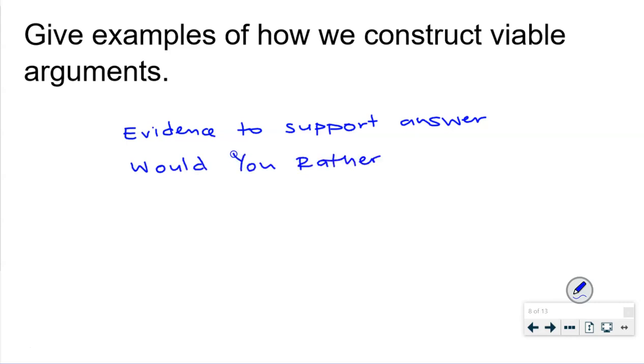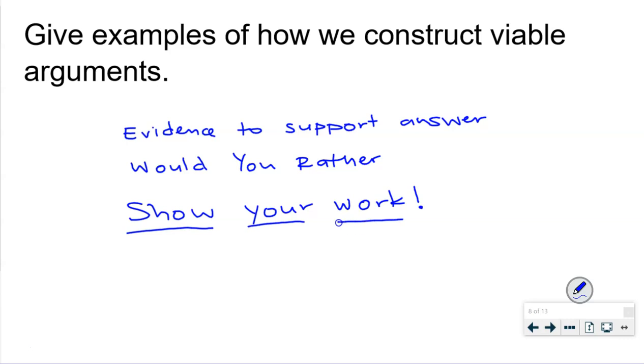All right, then you better write this one down. This is the most important way to construct a viable argument. Show your work. Showing your work is something that good mathematicians do. Although mathematicians are lazy, they always can justify what they've done.